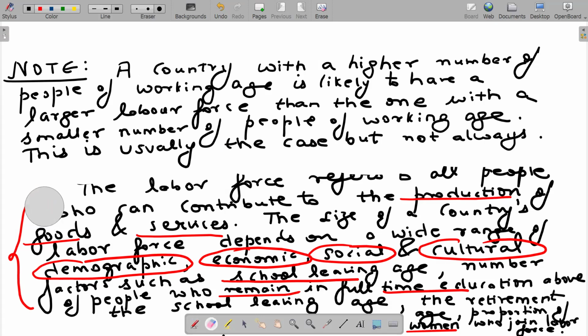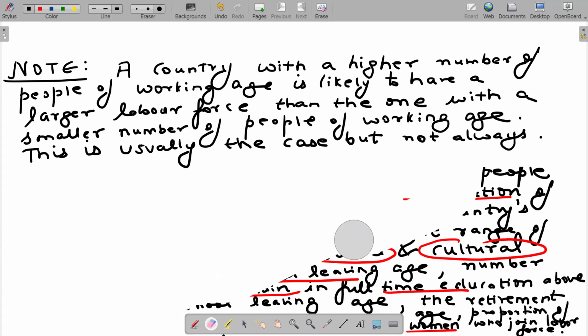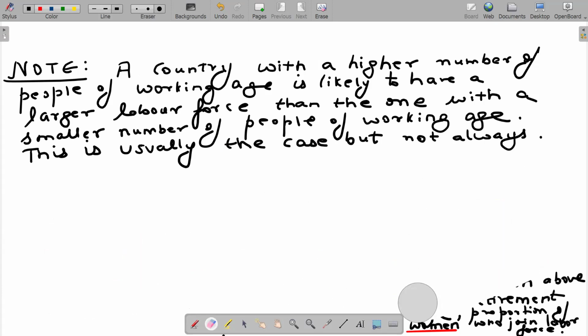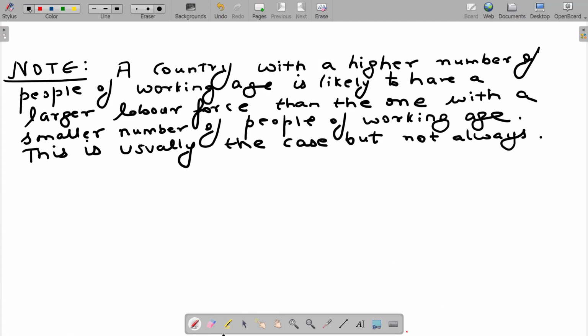But again, in the example I just took, it may be possible that someone is in the working age and decides to do a PhD, and someone who is in the working age but voluntarily decides to retire early. So both of these can cause the relationship between working age and labor force to be not direct. Let me make our students write this point.